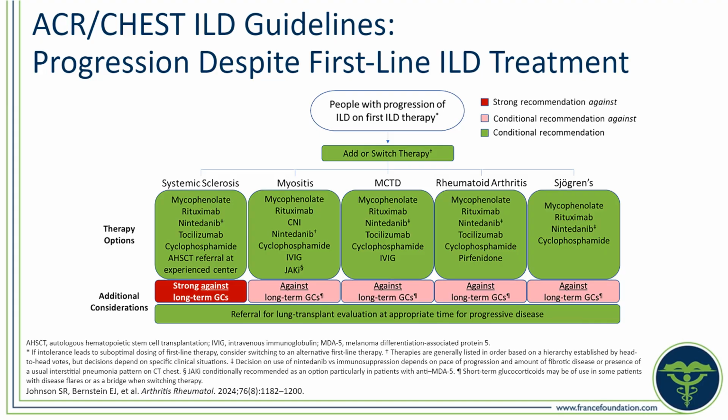For patients with SARD ILD progression, despite first ILD treatment, it's conditionally recommended that patients be started on either mycophenolate, rituximab, cyclophosphamide, or nintedanib. In patients with rheumatoid arthritis ILD, pirfenidone may also be considered. And once again, there's a strong recommendation against corticosteroids for systemic sclerosis ILD.